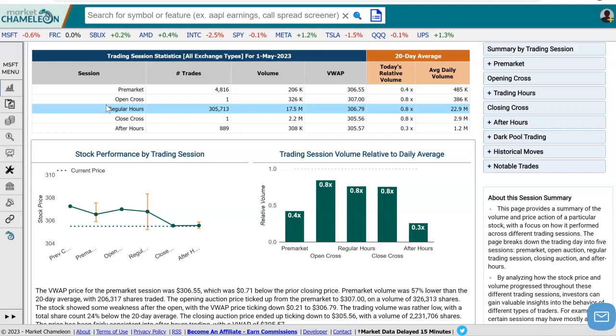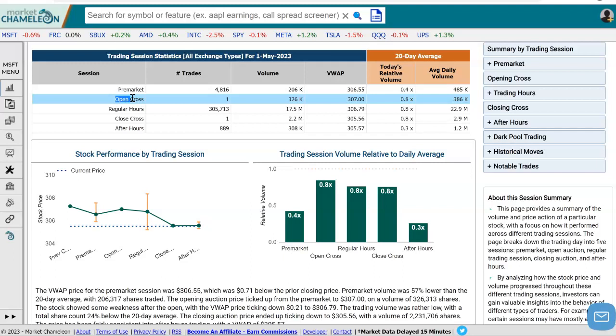A couple things to look out for at the opening auction are the price and volume spikes, because a lot of times capitulations will happen at the open.